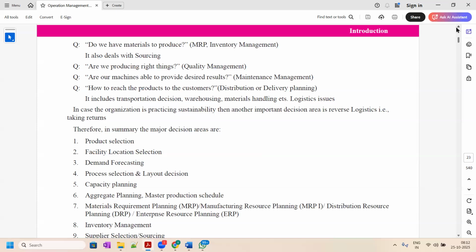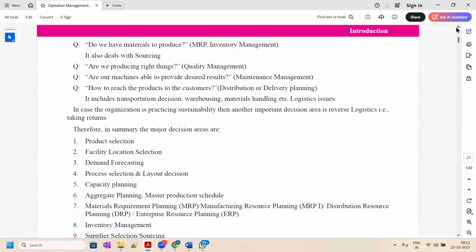Then the question coming to our mind is, are our machines working properly, where we are talking about maintenance management. It focuses on keeping machines in good condition so that production runs smoothly. Then the next question is, how to get the product to the customer.